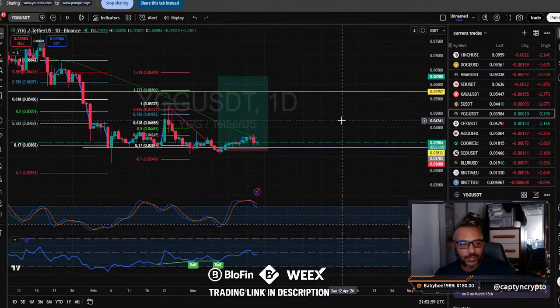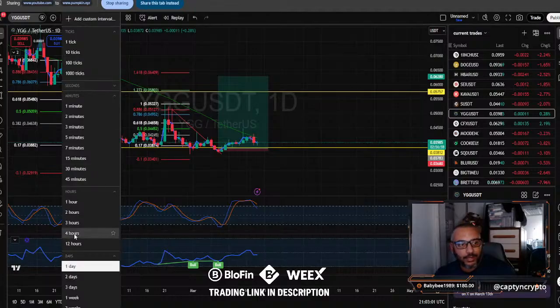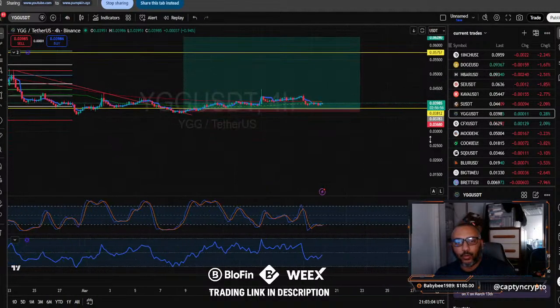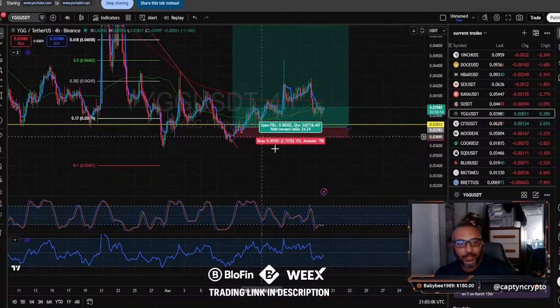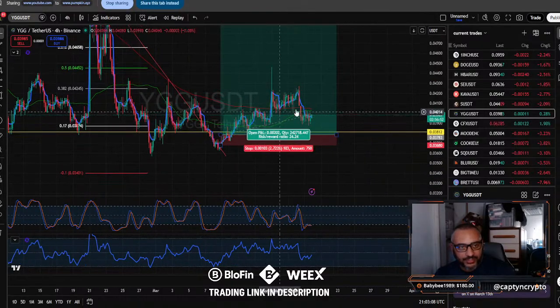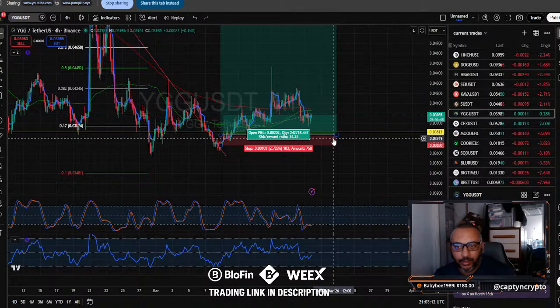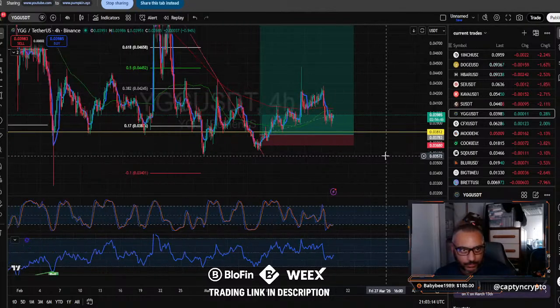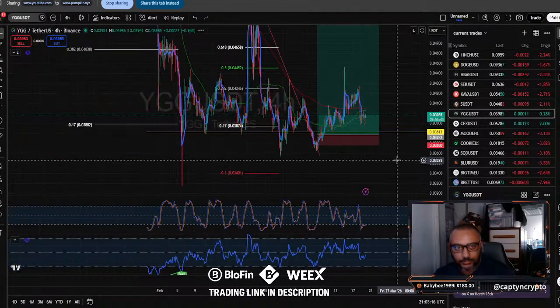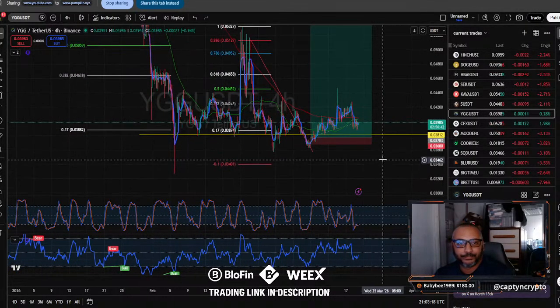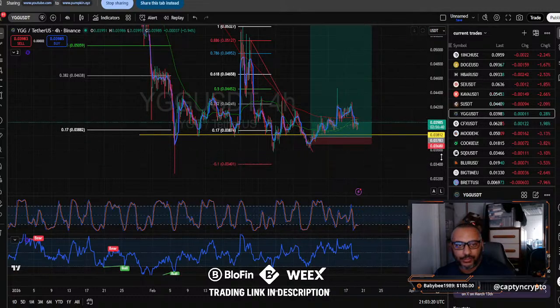Yeah, YGG looks like it's getting ready to do something. You know, we're all looking for that next pump, right? Oh my gosh, it's Bart Simpson! Uh-oh. We haven't seen a Bart pattern in a long time. Whoa. Bart! Hidden bullish divergence as well.